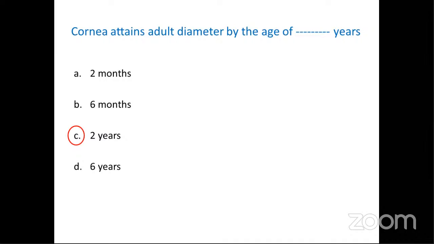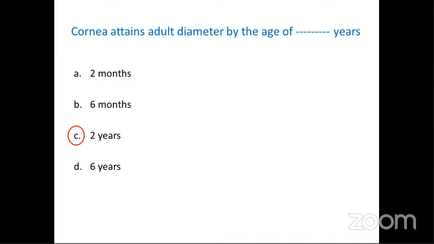When you are measuring visual acuity of a child, at the age of 6 years the child is able to comprehend very clearly. So at the age of 6 years we take visual acuity to be normal, 6 by 6, often at the age of 5 to 6 years.